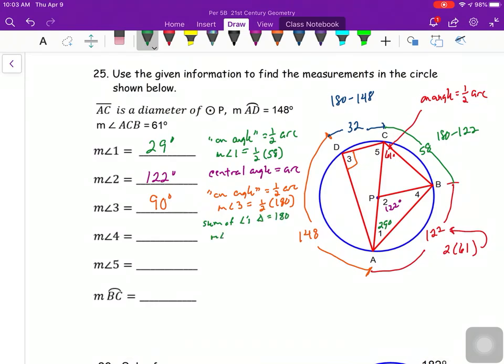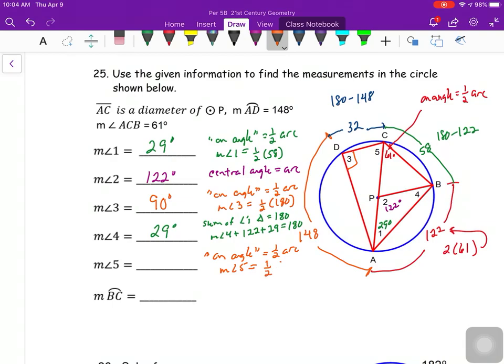Angle 4. For angle 4, we can use the sum of the angles in a triangle. So the measure of angle 4 plus 122 plus 29 equals 180. So I take 180 minus 29 minus 122. I get 29. Measure of angle 5.